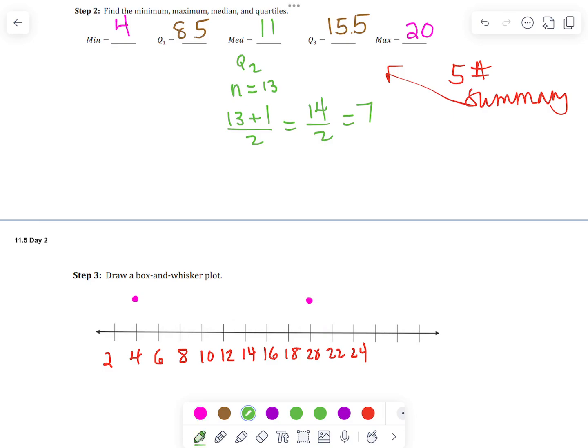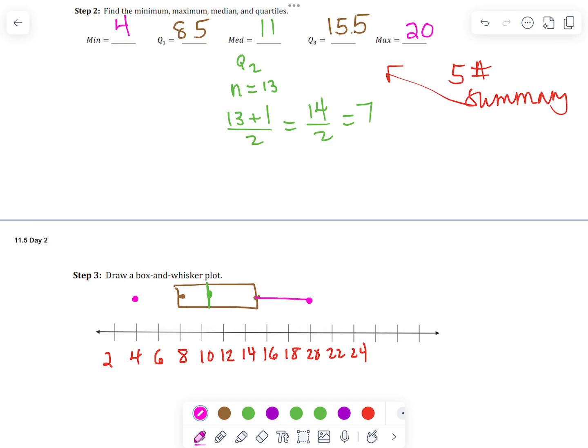Then we had 11 as our median, and then 8.5 as quartile 1, and 15.5 as quartile 3. So then we create our rectangle from Q1 to Q3. Then we split the rectangle down where the median is.